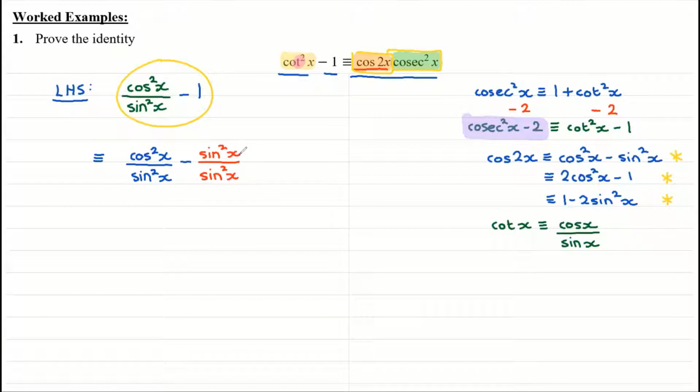Okay, so that's come from that bit there. All right, now I can combine the two terms into one single term. So I can write this as one fraction essentially. So this is going to be cos squared x subtract sine squared x all over sine squared x.